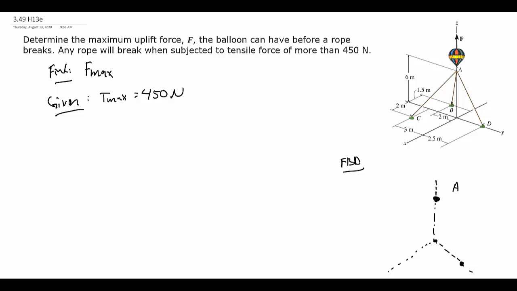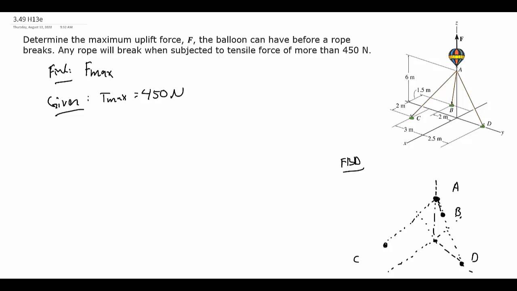I have D over here. I have C, somewhere over here. And I have B. So I'm going to have a rope going from A to point C, another rope, and therefore a force going from A to B, and then a force going from A to D.